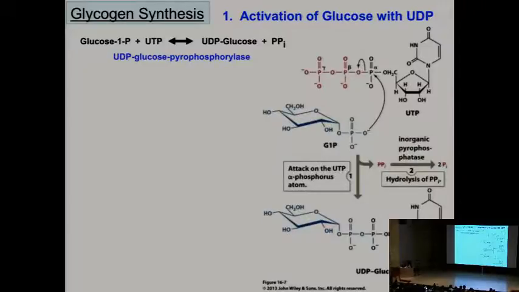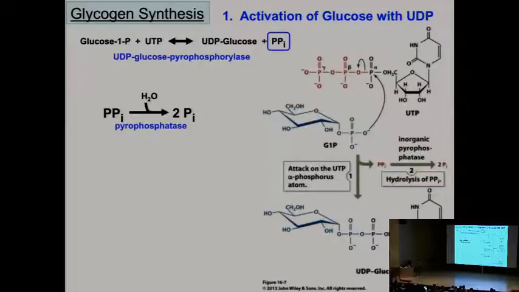The important part is that the phosphate of the glucose 1-phosphate attacks the alpha phosphorus on UTP. This covalently links the two, so now the glucose is activated. It also makes pyrophosphate, which seems like a trivial waste product, but it's actually very important because it provides the energetic driving force for this whole reaction.